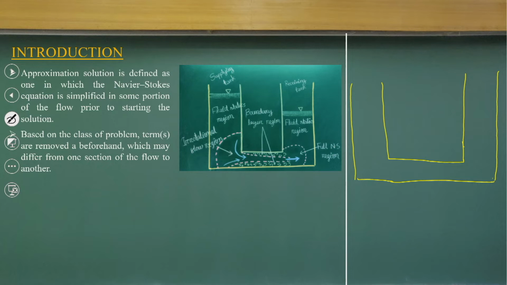The liquid is coming from one chamber and filling is happening in the other. This is tank 1 and tank 2. One is the supplying tank, another is the filling tank. I am drawing the same figure to draw more attention to it. So, we have two tanks with liquid, and the liquid is coming from tank 1, the supplying tank, to the receiving tank.